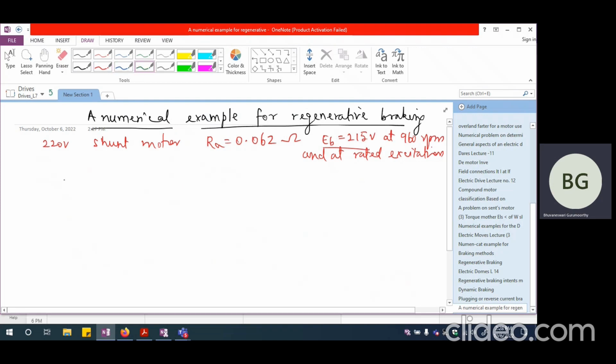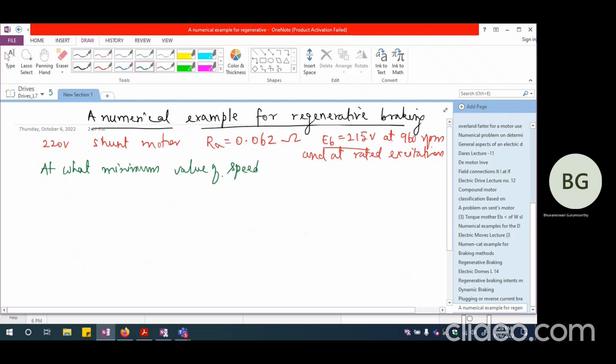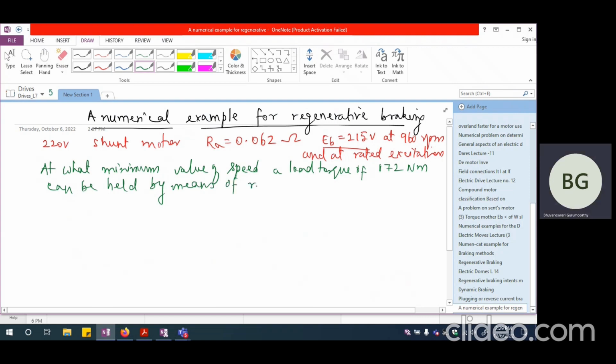Now, what is being asked is at what minimum value of speed a load torque of 172 Newton meter can be held by means of regenerative braking.